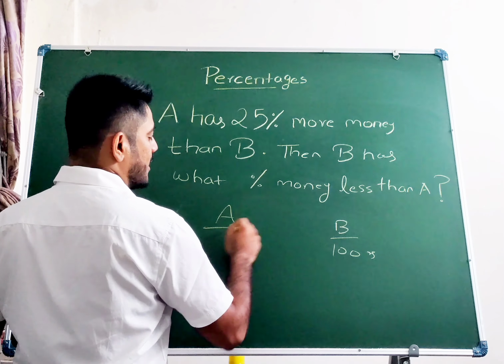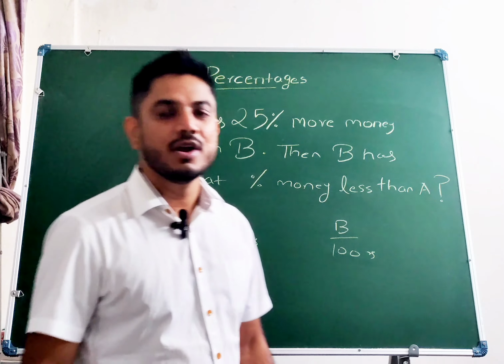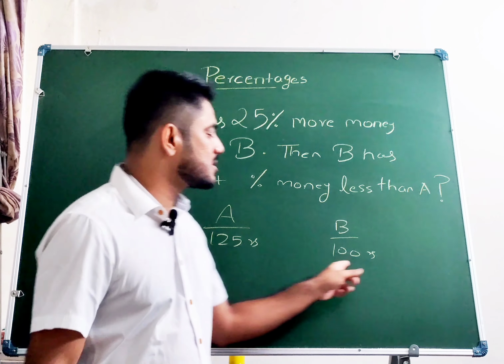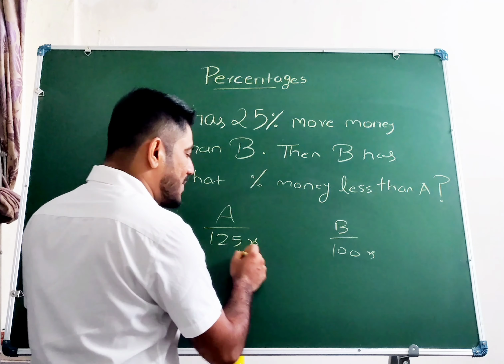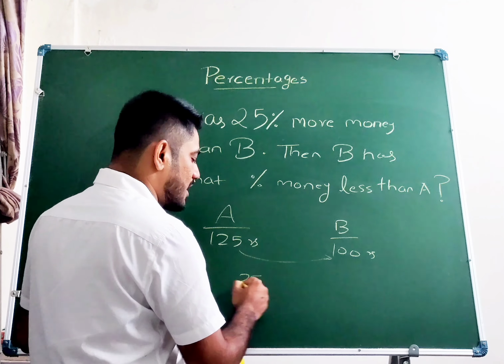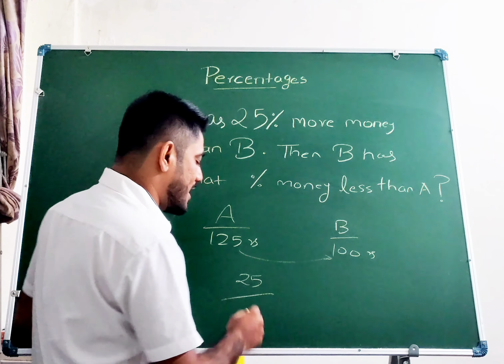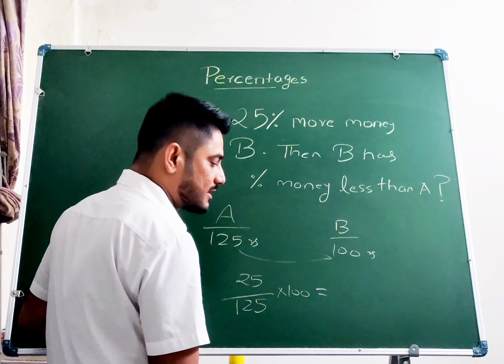Then A would be having 125 rupees, clearly 25% more. Now the question is, how much does B have less as compared to A? So I can see that B has 25 less as compared to A. Since it is 25 less as compared to A, it has to be compared with the value of A. And if I do the math, this is 20%.